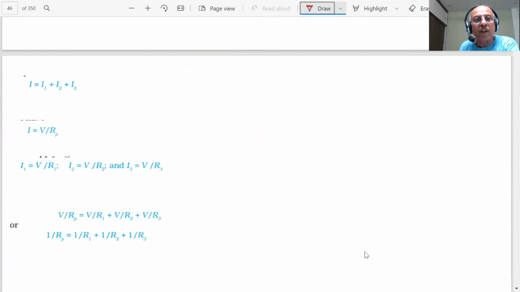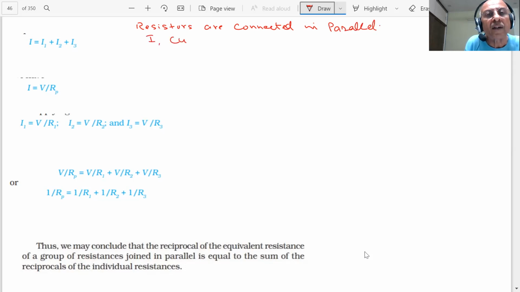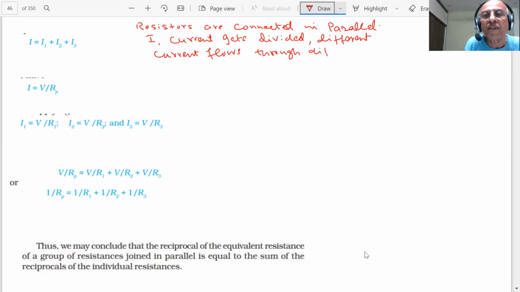Very important point, students. Therefore, what we find is that when resistors are connected in parallel, the current gets divided, and different currents flow through different resistors.